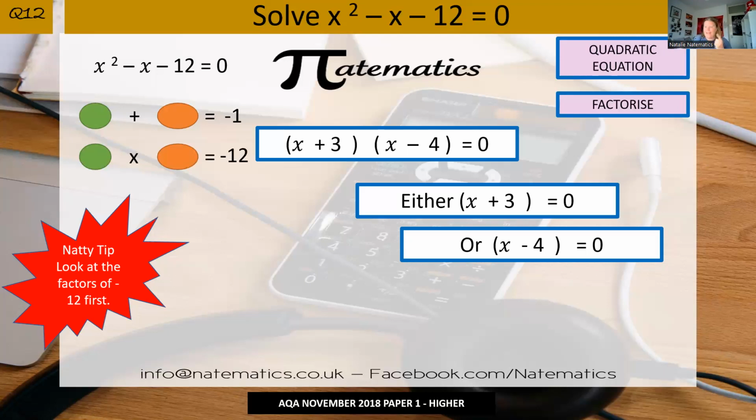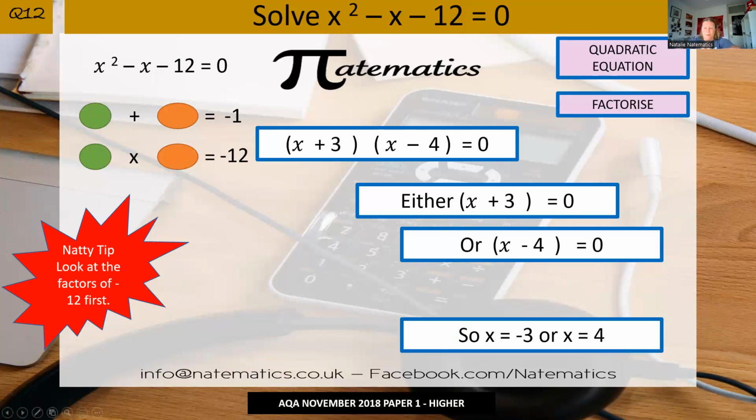So, okay, that's got to be minus 3. And then this one, do exactly the same again. There's some number that when I subtract 4, I get 0. Well, that's got to be plus 4. So x is equal to minus 3 or plus 4.